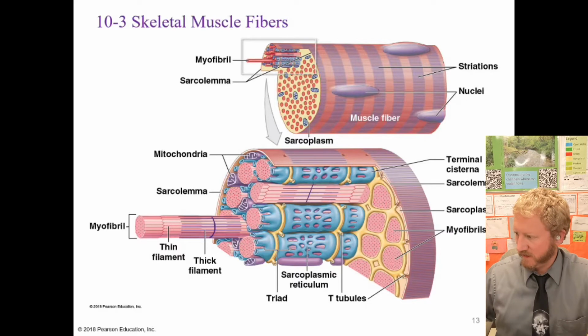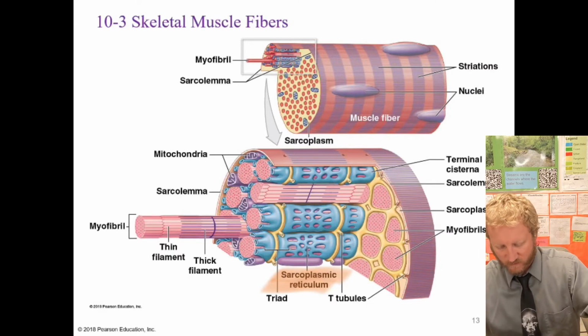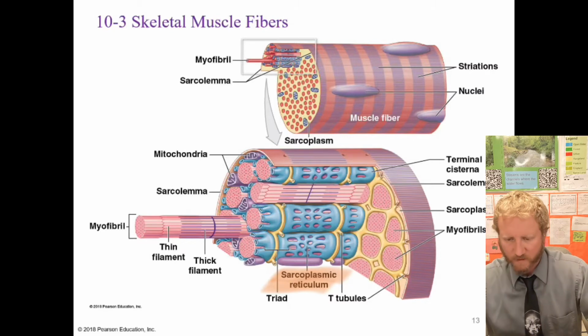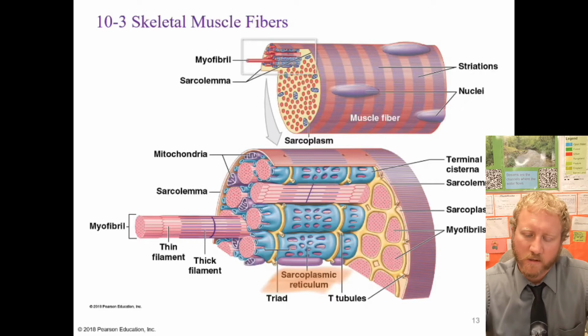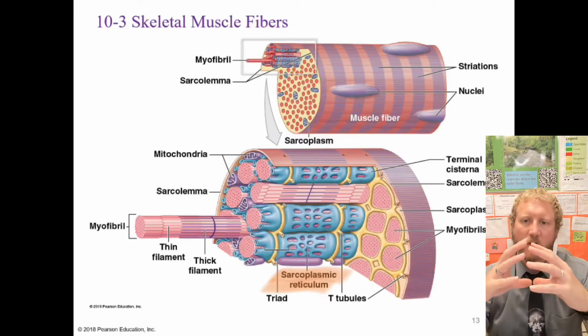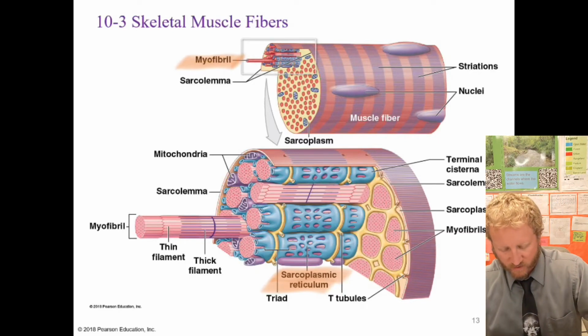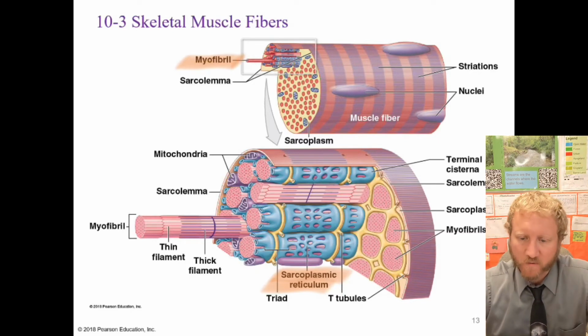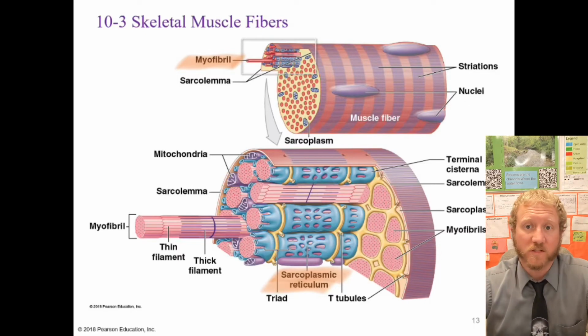We have the sarcoplasmic reticulum, this blue structure that I told you about. It surrounds each myofibril. Now let me back up just a second. Your muscle cell is made up of smaller structures called myofibrils, and myofibrils are individual strands. If we were to think of muscles as ropes, the individual thread is the myofibril.